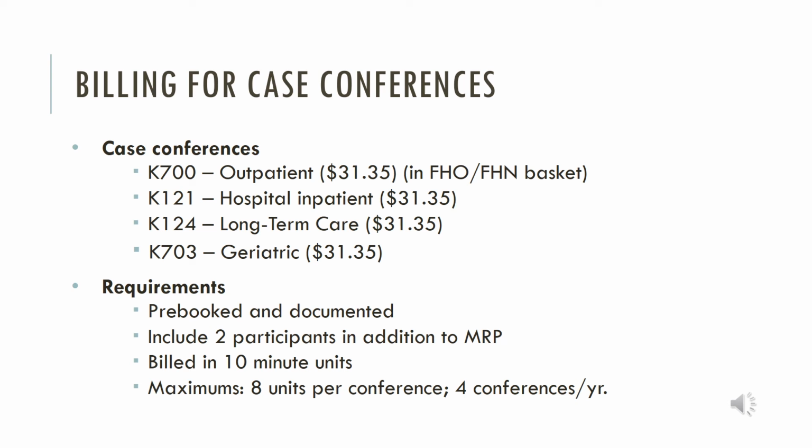These codes are billed in units, with the units being in 10-minute increments. For any one patient, there are maximums for each conference and for a 12-month period. Note that the K700 code is within the basket of services for family health organization and family health network physicians and can only be shadow billed.